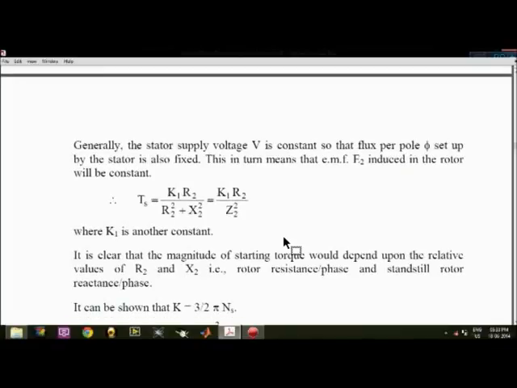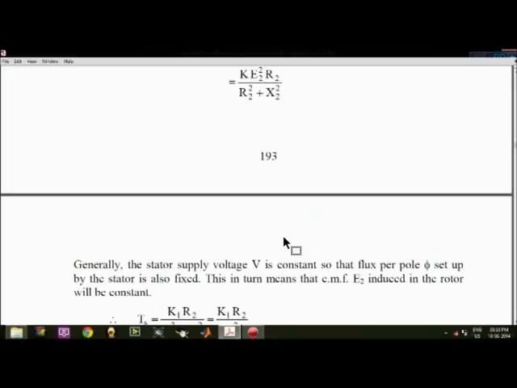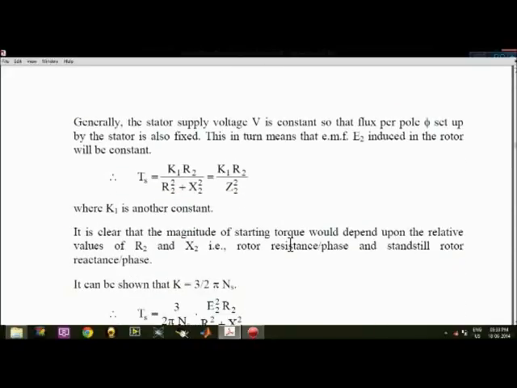Generally the stator supply voltage V is constant, so the flux per pole phi set up by the stator is also fixed. Keeping the flux constant means that the EMF E2 induced in the rotor will be constant every time. So we take E2 as constant and hence calculate Ts, the starting torque, equals K1 R2 by Z2 square. This is the most generalized form we can use.